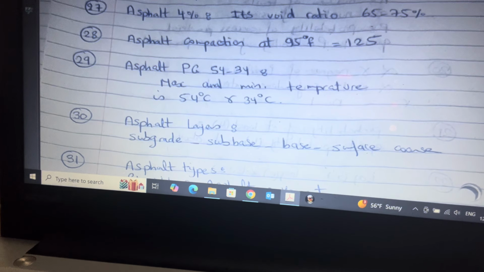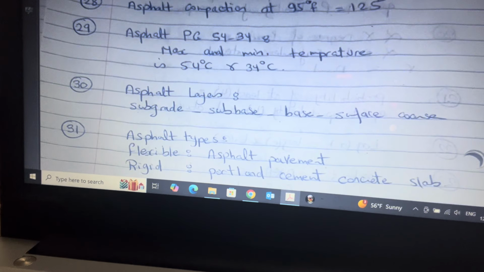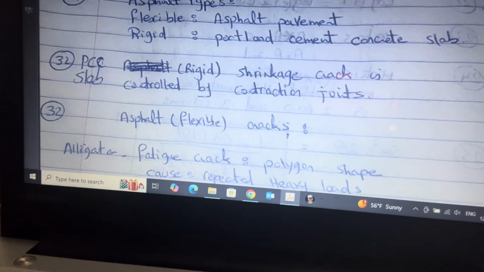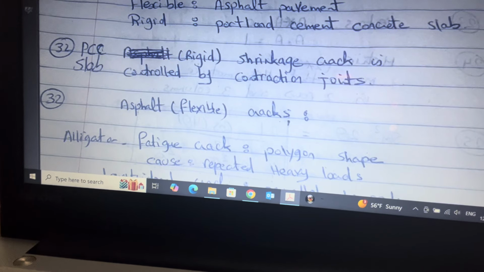We need also to understand the asphalt layers: subgrade, subbase, base, surface course. For asphalt types, we have flexible asphalt pavement and we have rigid.